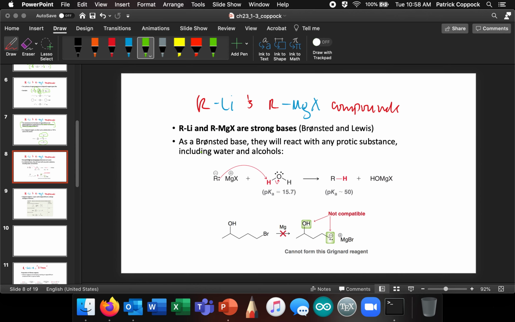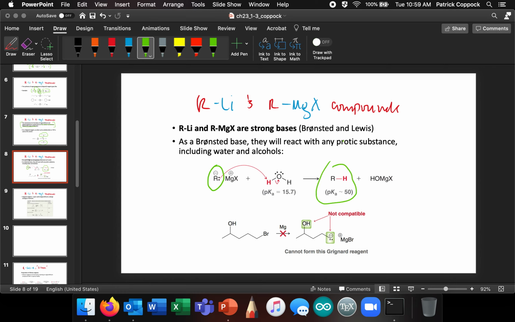One last thing to point out, and then we'll sum this up with the reactions you need to memorize. These are very strong bases, super strong bases. It's like putting a lone pair of electrons on the carbon atom. How stable is a carbon with a lone pair of electrons on it? Not very stable at all. How do I know?